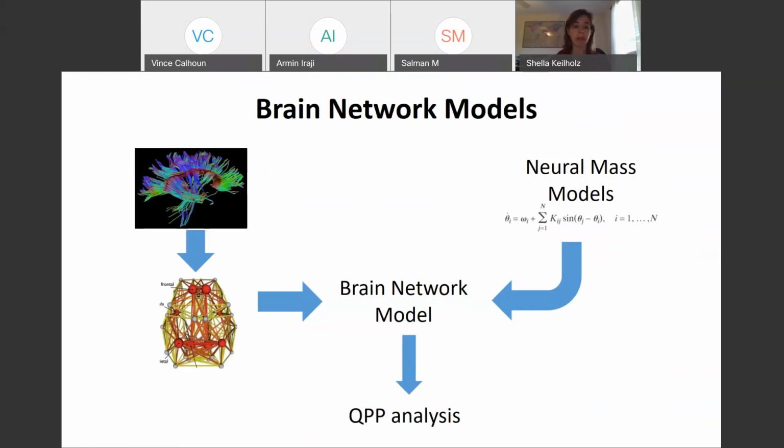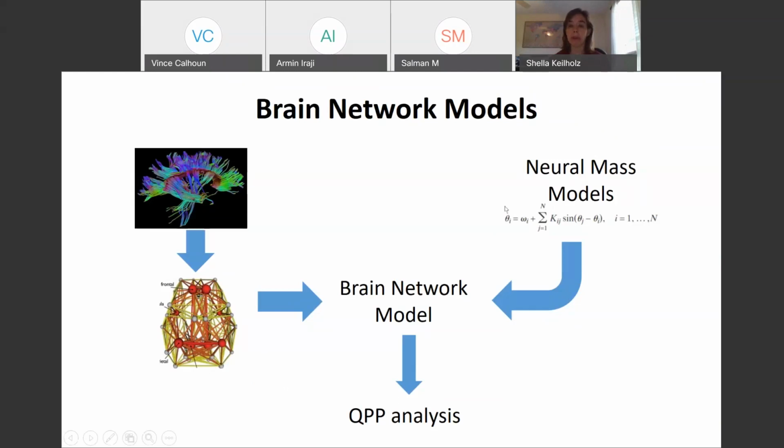In humans, it's usually DTI. In rodents, you can use other methods. So we use DTI to build a structural network, and we estimate how strongly different brain regions are connected. And you have to parcellate the brain into a number of regions so that you can make these discrete maps.